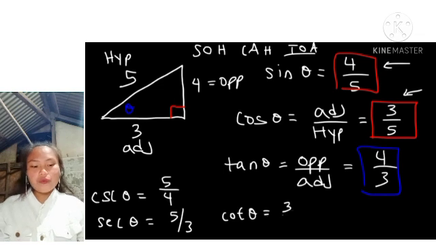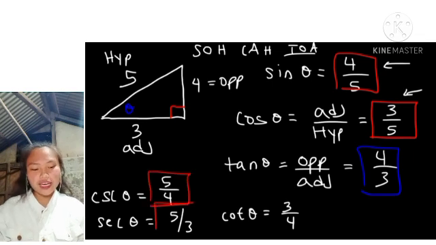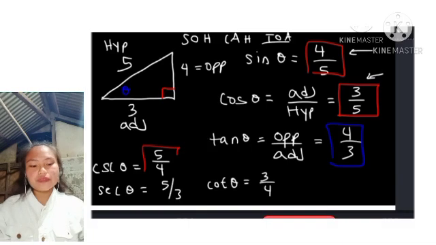Now, once we have these three, we can easily find the other three. To find cosecant, it's 1 over sine, so just flip this function and it's going to be 5 over 4. And secant is the reciprocal of cosine, so flip this fraction and secant is going to be 5 over 3.